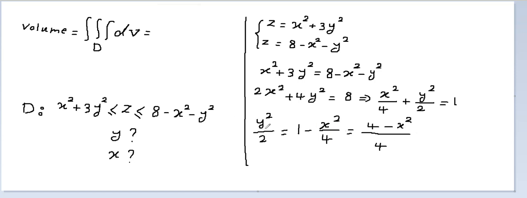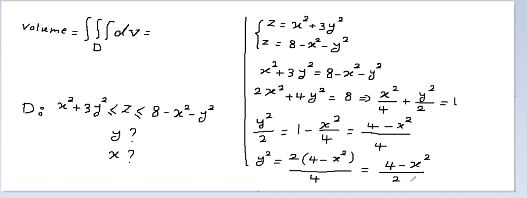Now if we multiply both sides of this equation by 2, we have y squared equals 2 times 4 minus x squared divided by 4, and this equals 2 divided by 2, so we get 4 minus x squared divided by 2.